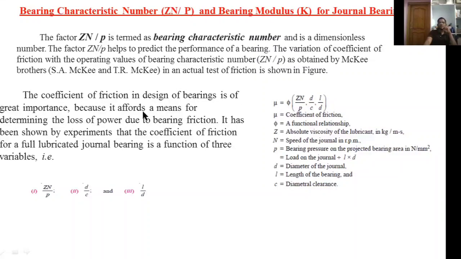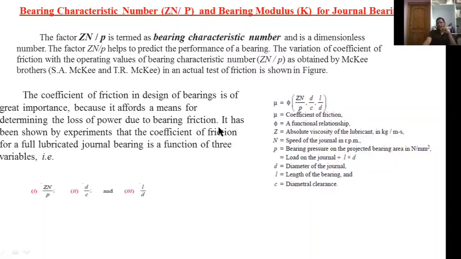Now, the coefficient of friction in the design of bearings is of great importance because it affords a means for determining the loss of power due to bearing friction.